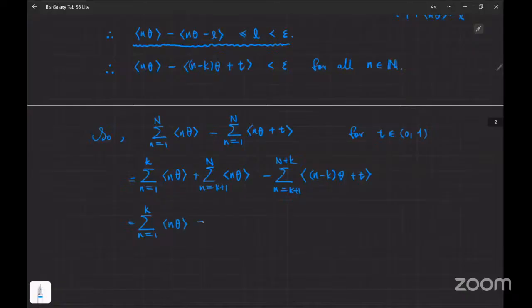This step took me some time to work out.